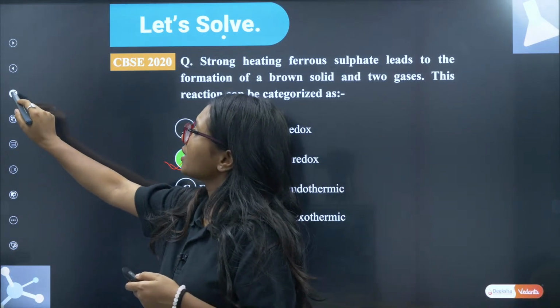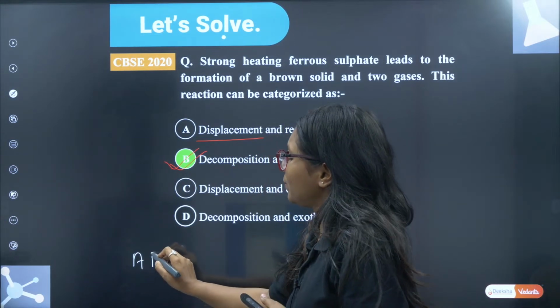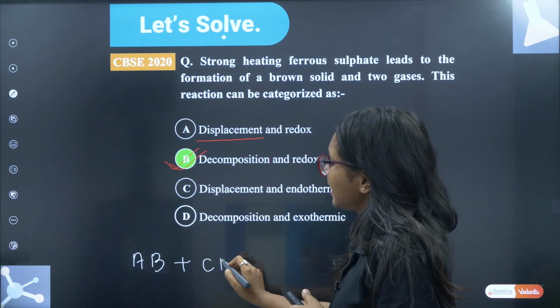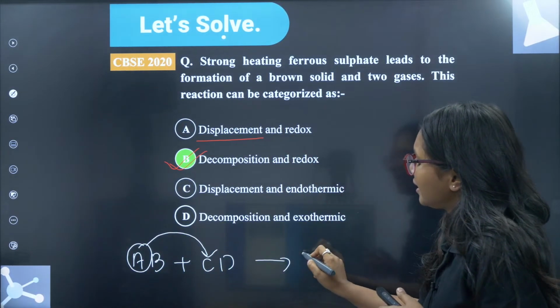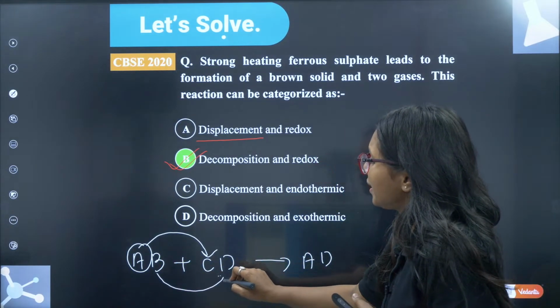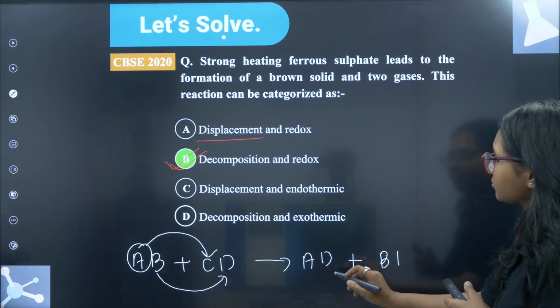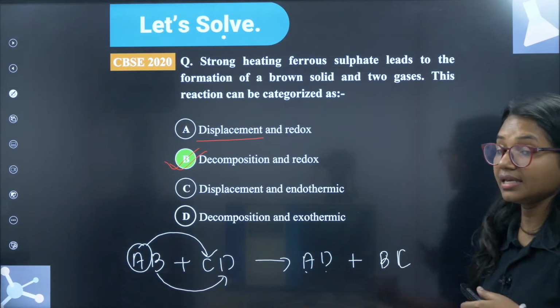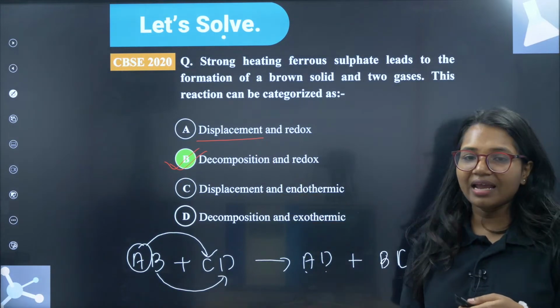Displacement means what? What is the meaning of a displacement reaction? When you take AB and you take CD, A gets replaced by C, giving CB, and B gets replaced by D, giving AD. So it is like that, AD and BC. This kind of reaction is a displacement reaction.